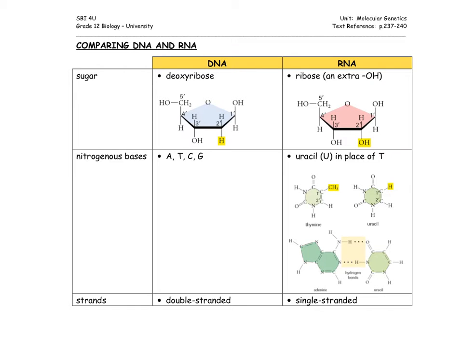Now, in previous lessons, we've looked at the differences between DNA and RNA in terms of their nitrogenous bases. DNA has adenine and thymine pairing up, and cytosine and guanine pairing up. We know that in RNA, uracil replaces thymine. So uracil is going to pair with adenine instead of thymine pairing with adenine.